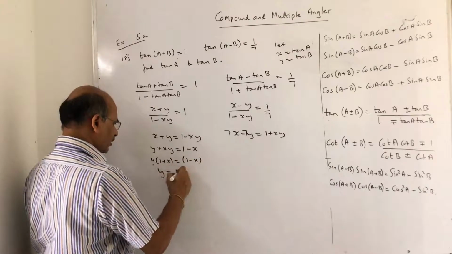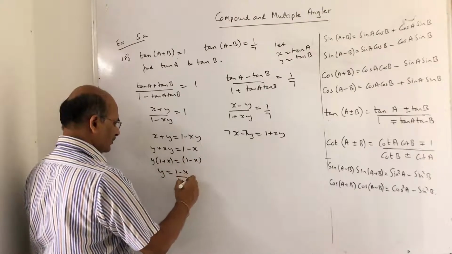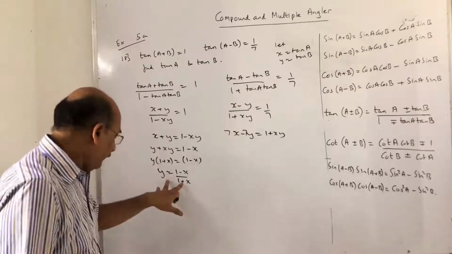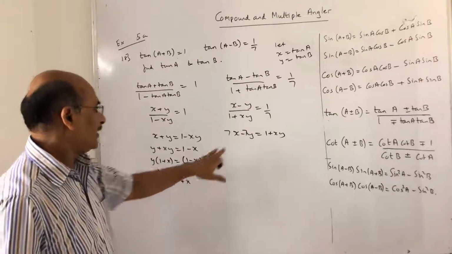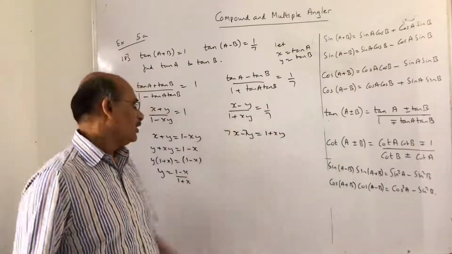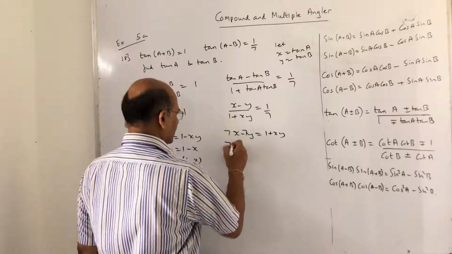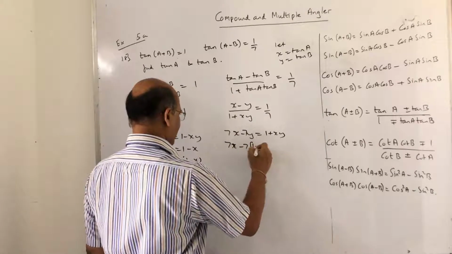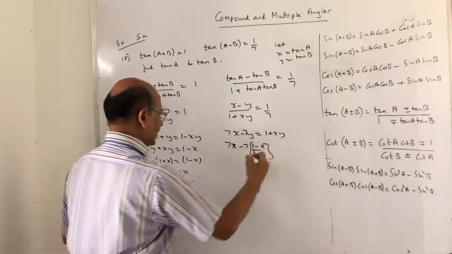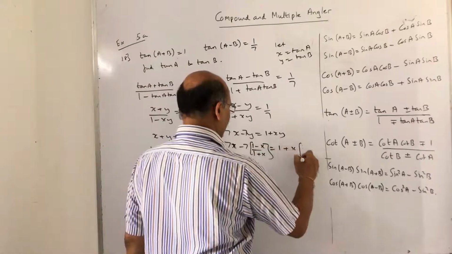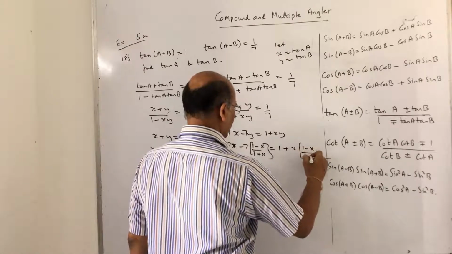So y is equal to (1 minus x) upon (1 plus x). I think this is very clear. Now if I write y in terms of x, all the equations will get converted in terms of x. So what will happen here is 7x minus 7 into (1 minus x) upon (1 plus x), because that is what y is, equal to 1 plus x into (1 minus x) upon (1 plus x).